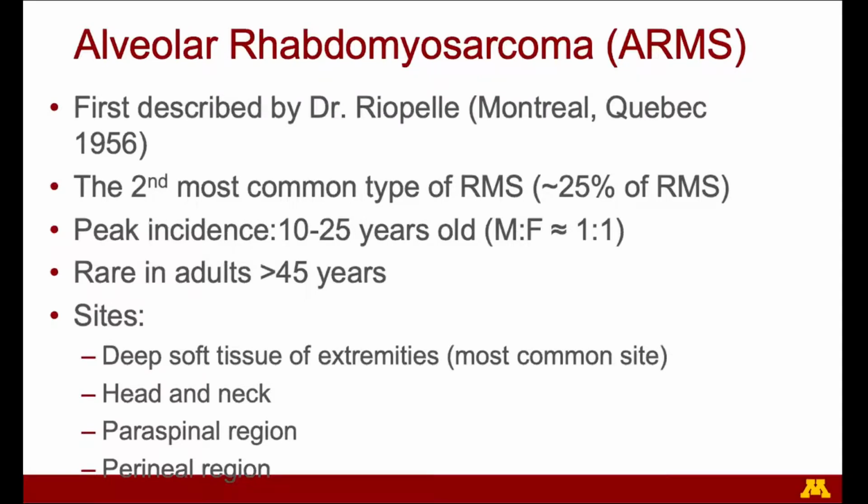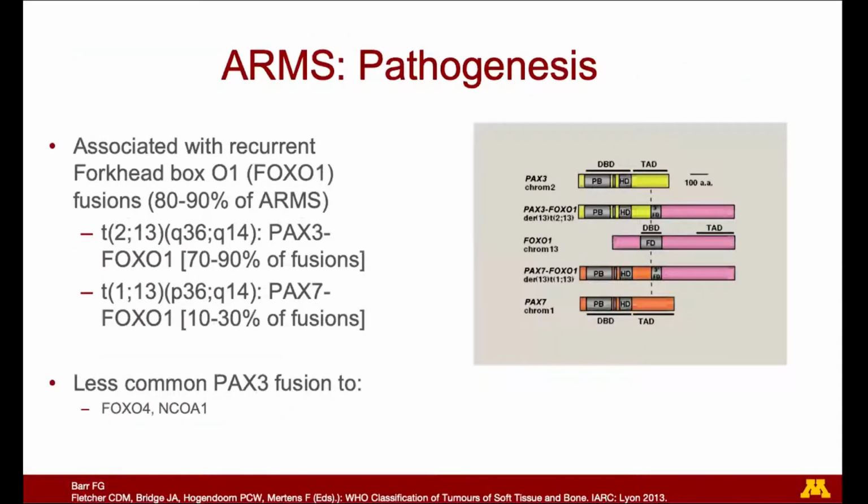Alveolar rhabdomyosarcomas are known to be associated with recurrent FOXO1 fusions, previously known as FKHR gene, located on chromosome 13. 80 to 90% of alveolar rhabdos are associated with FOXO1 gene rearrangement.